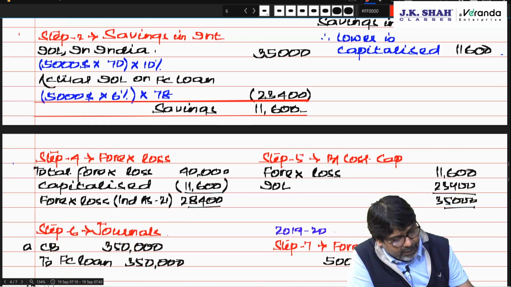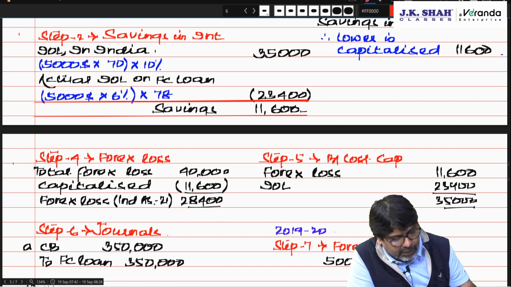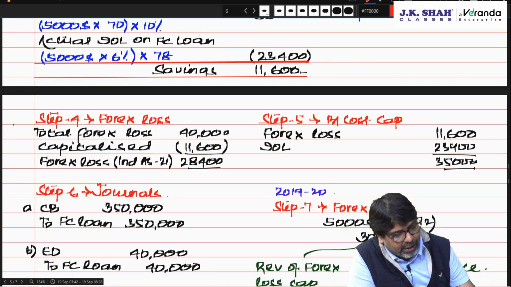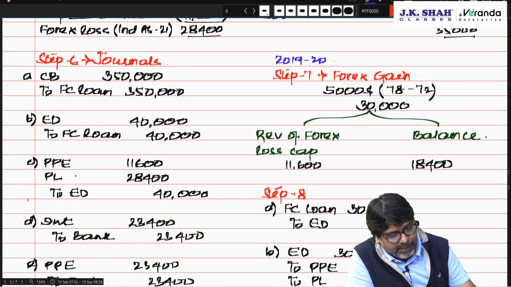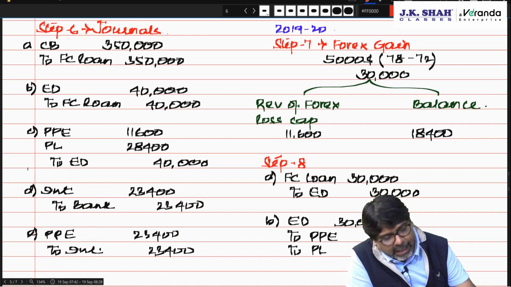So 11,600 is the forex loss capitalized, whichever is lower, and the forex loss of 28,400 is transferred to P&L. Am I clear? Now check, I have taken a loan of 3,50,000, exchange difference 40,000.